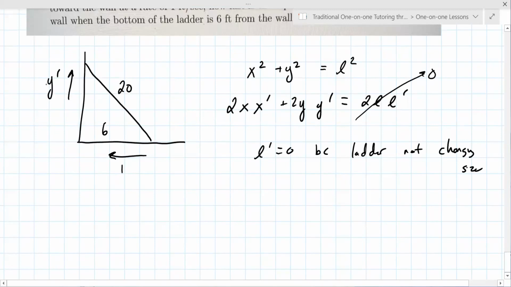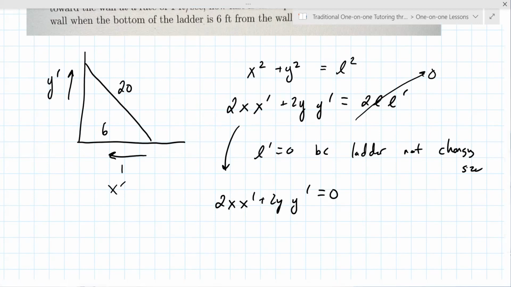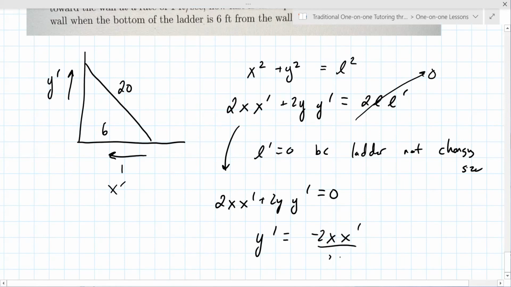All right. So the thing we're trying to solve for is y prime. So we've got 2x x prime plus 2y y prime equals 0. So y prime equals minus 2x x prime over 2y. The 2's cancel and you have minus x prime over y.